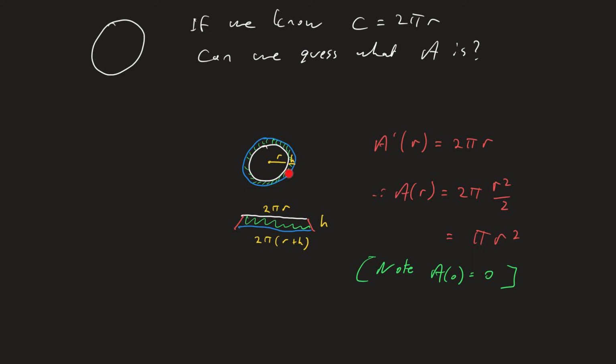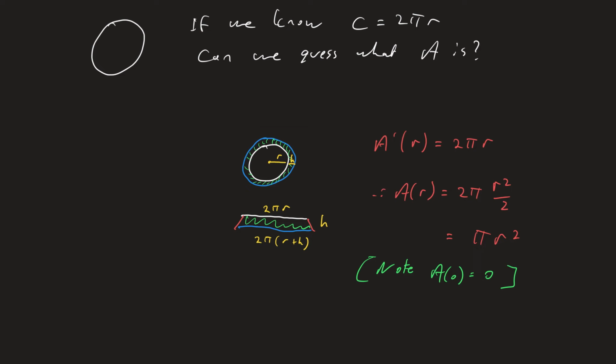The increase in area is simply this green shaded region in here. And we know from before that even though these have got slightly different lengths, the error that introduces into the area here is of order h squared, and so can be ignored. Therefore, we can approximate the increase in area by just 2 pi r h, the area of the rectangle here.